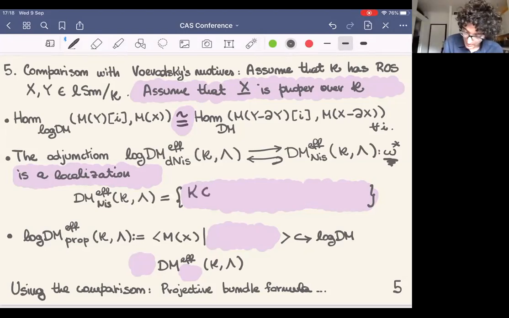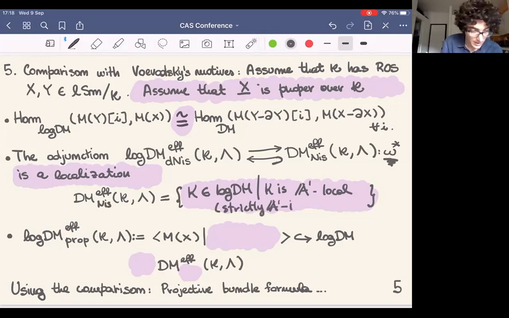It's the same as the category of complexes, objects in logDM, such that K is A1 local, or maybe I can also say strictly A1 invariant complexes. I think this answers a question that Chuck Weibel asked yesterday about how you get back cohomology theories of type 1 in the lecture. In DM, that's the precise result that we have.